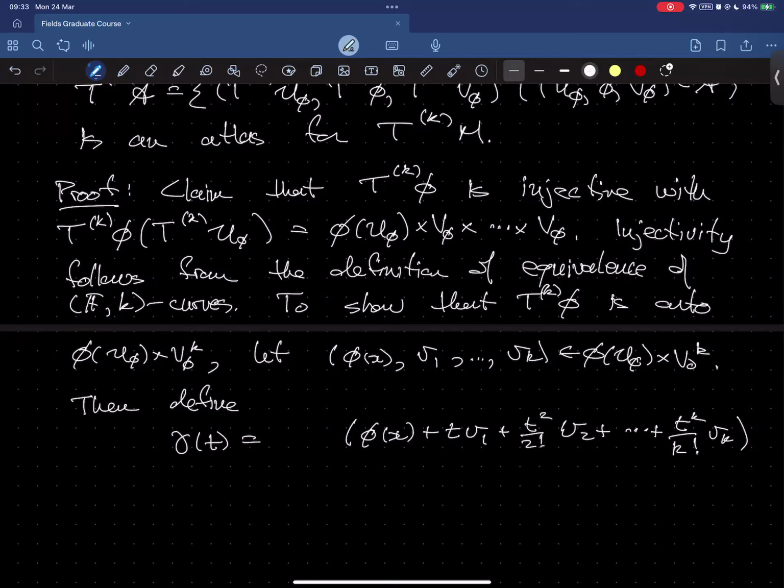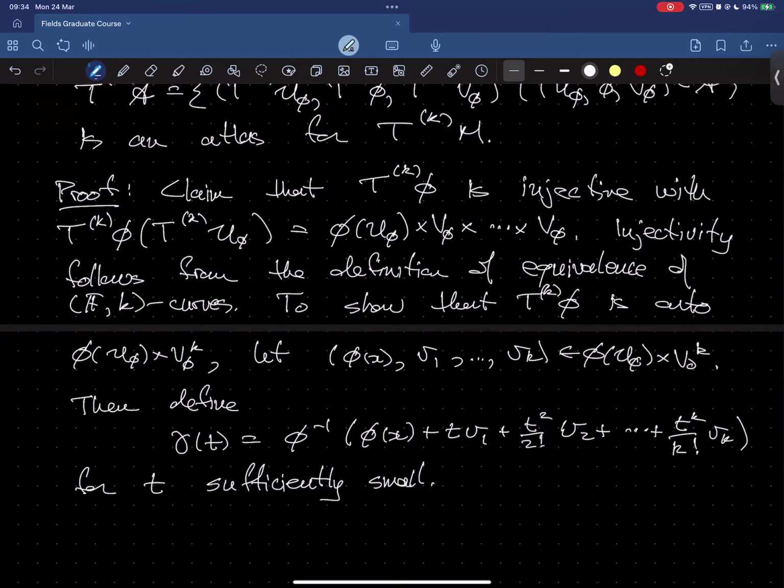You can very quickly check that this thing as a function of t, when you differentiate it j times, where j goes from 1 to k, and then evaluate that at t equals 0, you simply get exactly vj. It's contrived to give you that, and then you take phi inverse of that thing. That gives you now a curve in M, valid for t sufficiently small, so in some connected neighborhood of 0, for example.